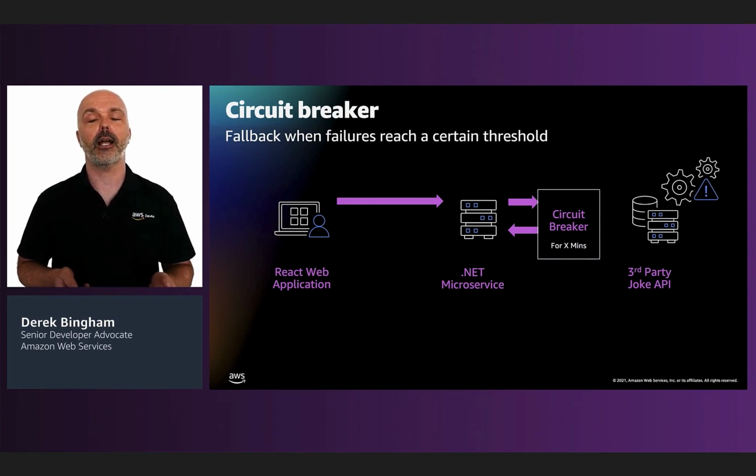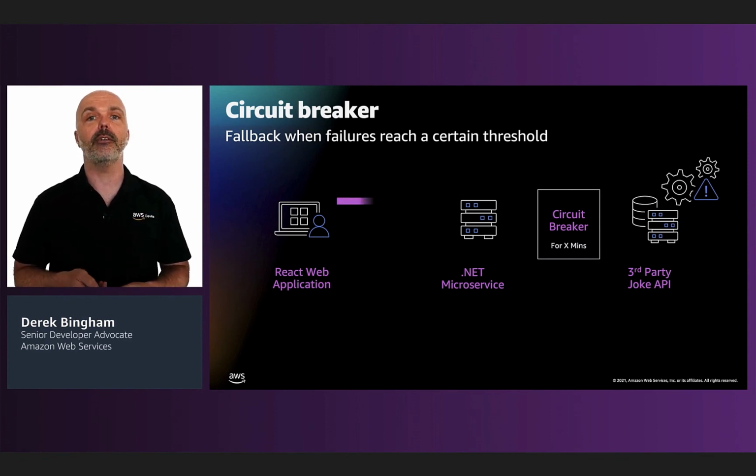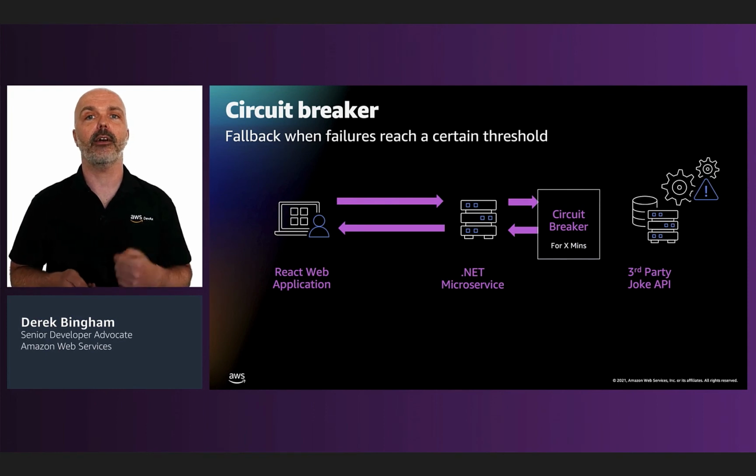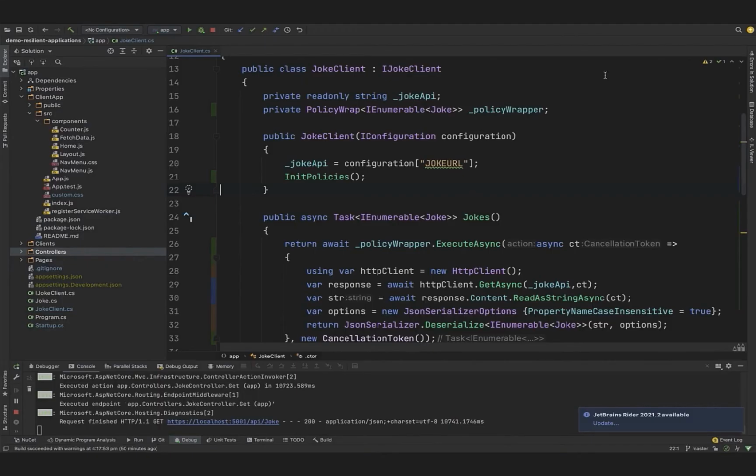That way, our clients can still operate even though the third-party API is not being hit. Then, after a number of minutes, the circuit breaker will lapse, and we can start hitting our third-party API again. Hopefully by then, it'll have recovered from whatever fault it's currently having. Let's see what that looks like in code.